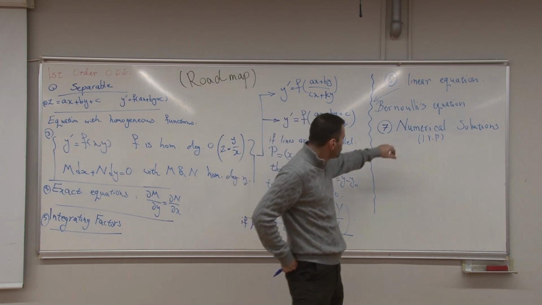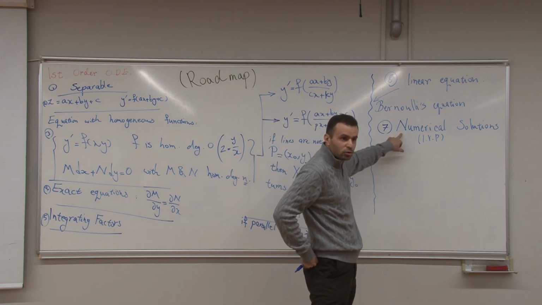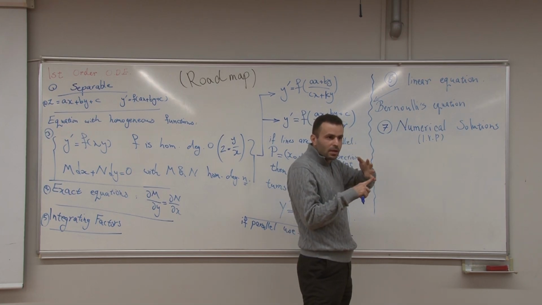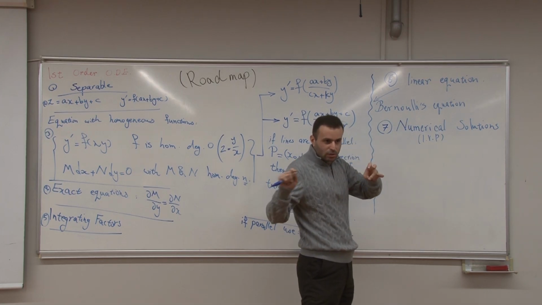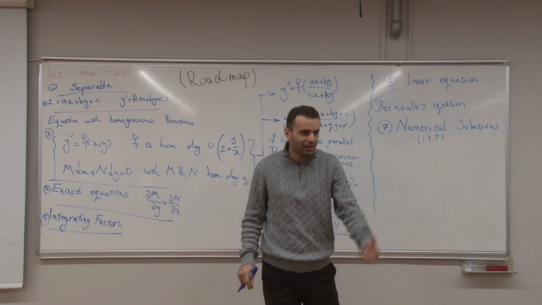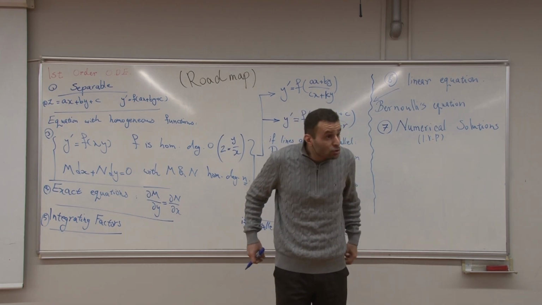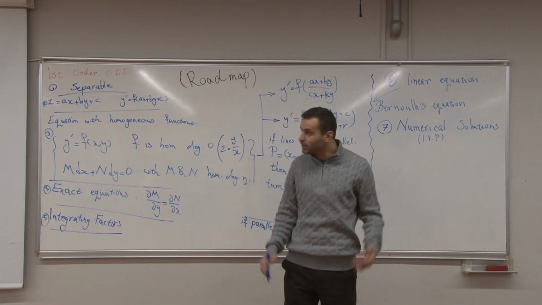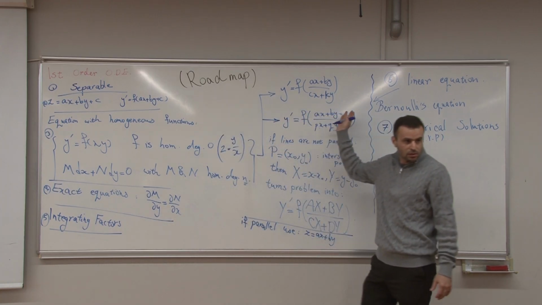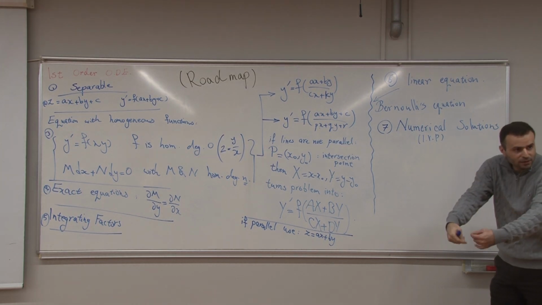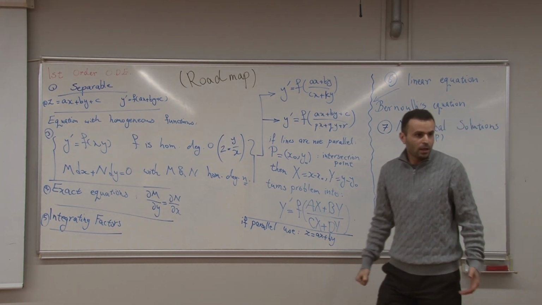I'm keeping it for when we talk about numerical solutions, because Picard's existence and uniqueness theorem will give us the necessary conditions such that it will say that, okay, actually there exists a solution that you can look for. If you can find it from analytical methods, use it. Otherwise, you need to use the numerical way.